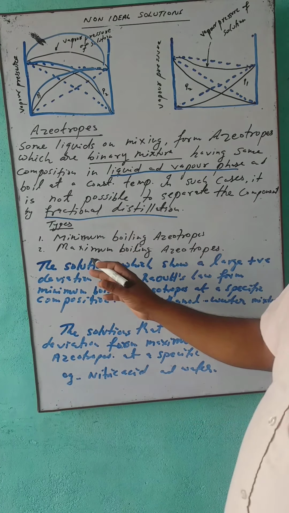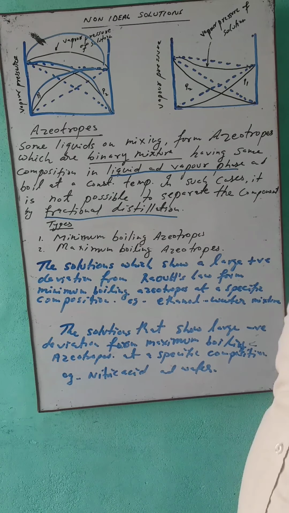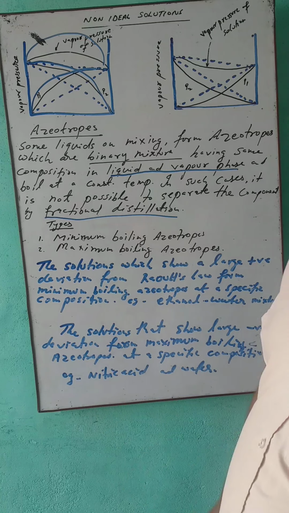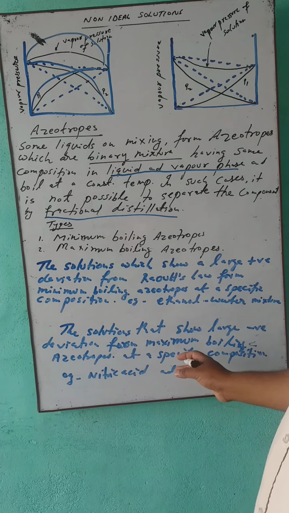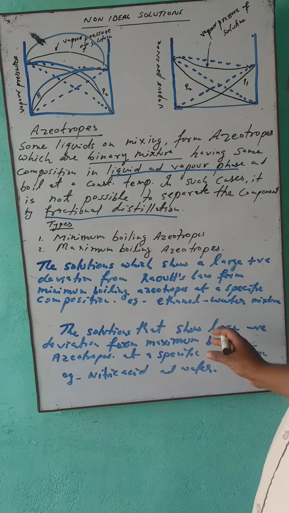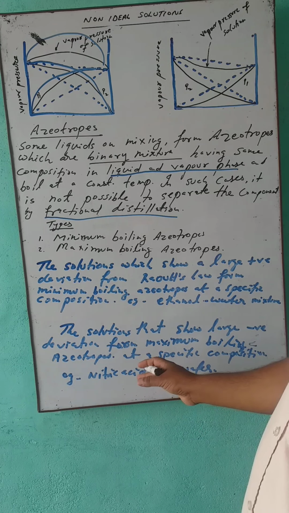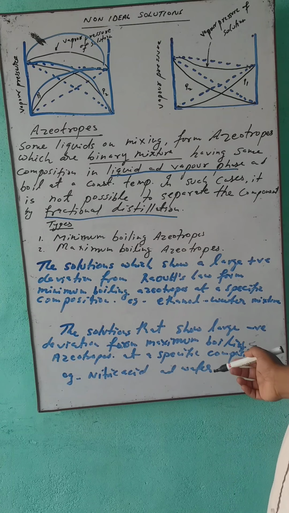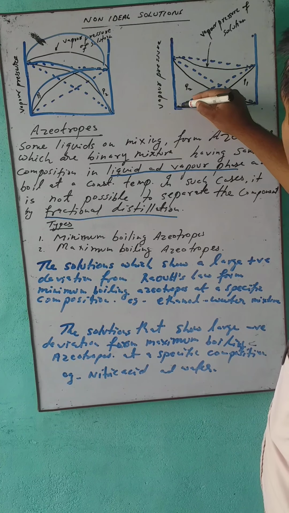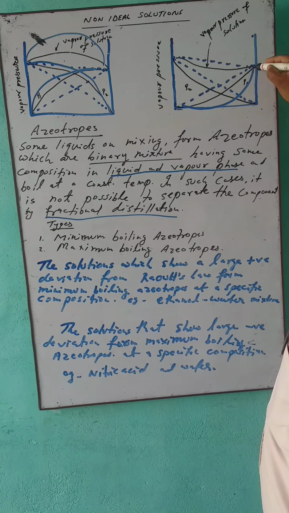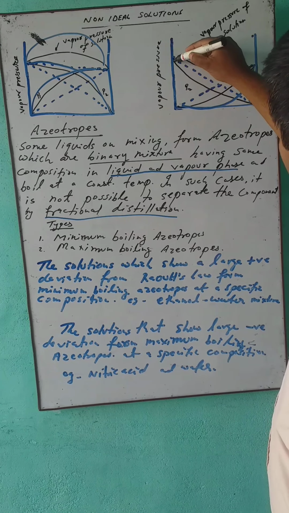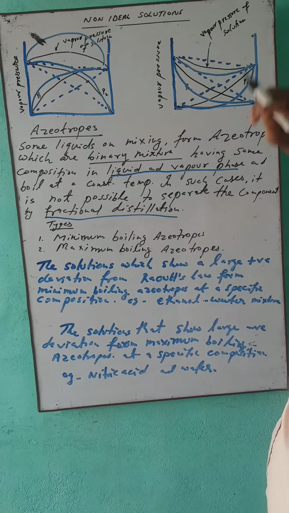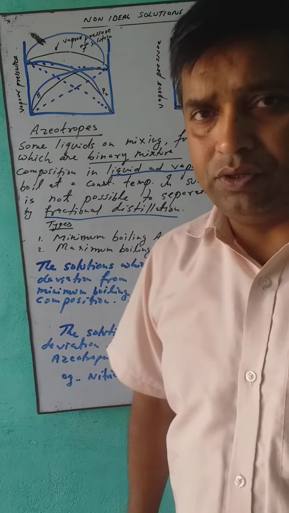And the second is maximum boiling azeotropes, means the solution that shows large negative deviations from Raoult's law at a specific composition. Large negative deviation means this curve goes like this, further negative deviation, and this deviation is also further negative.